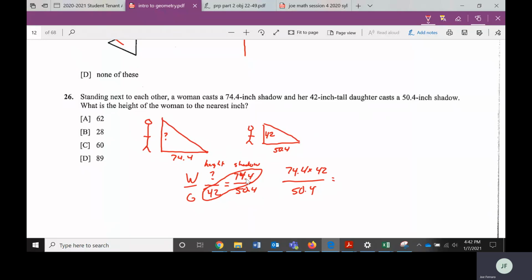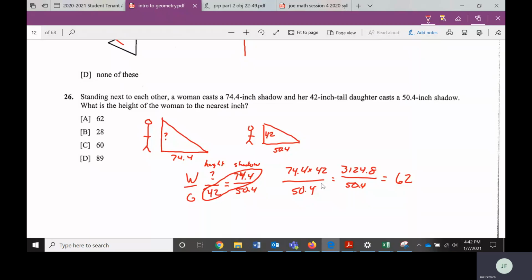So 74.4 times 42 is going to equal 3,124.8. Divide by the other number, so divide by 50.4, and that equals 62.